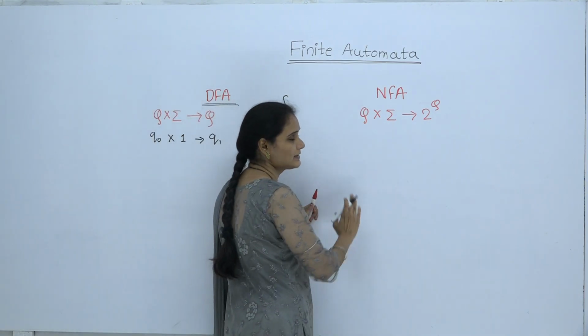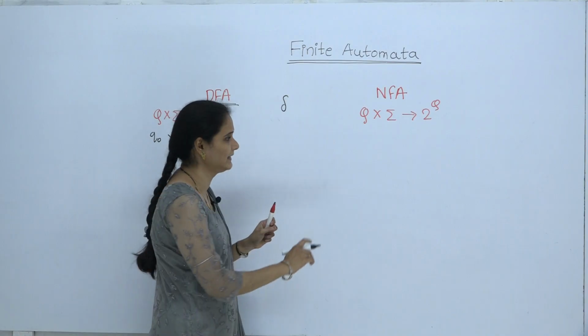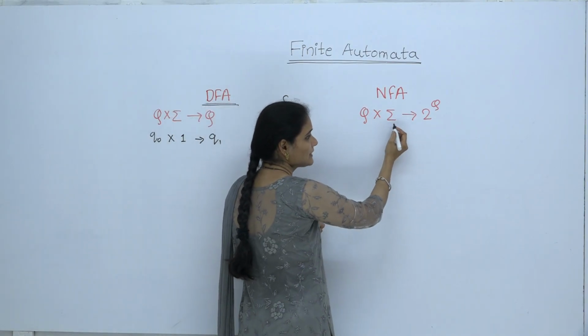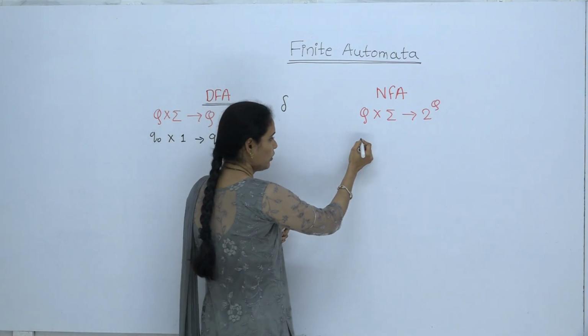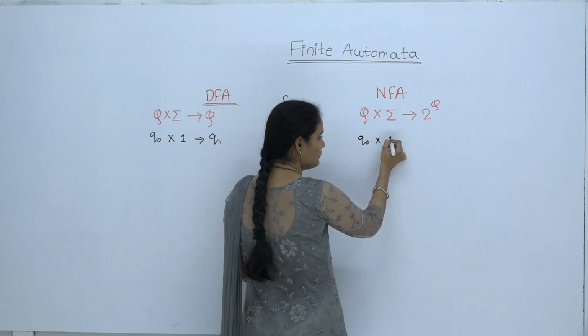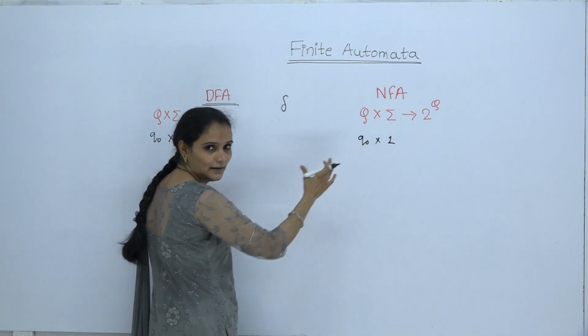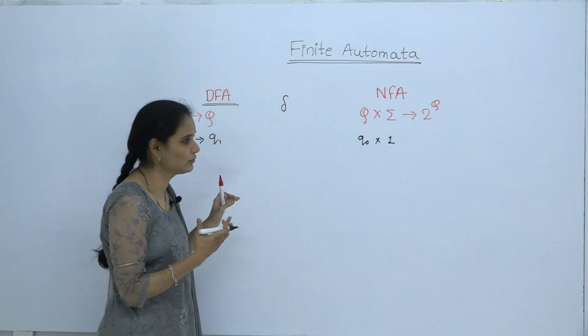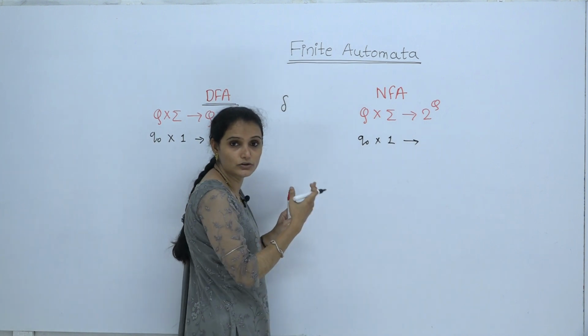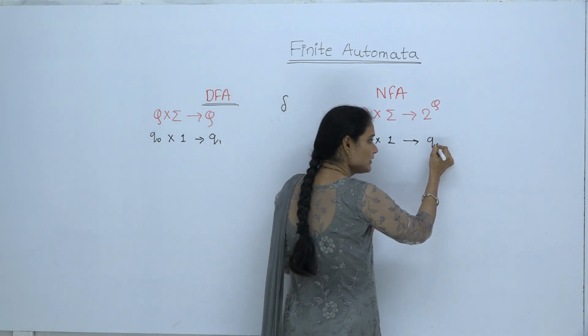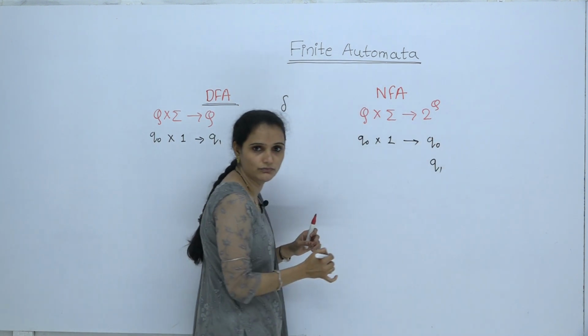In non-deterministic finite automata, Q × Σ goes to 2^Q, which means q0, suppose on input 1, the same example I am taking because it will be easy for you to understand, q0 on input 1 may go to, suppose, q0 also and it goes to q1 also.